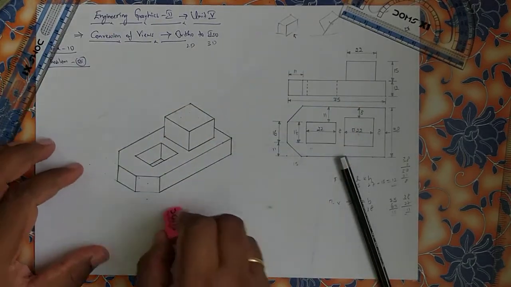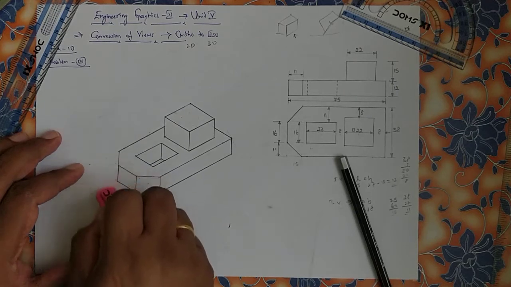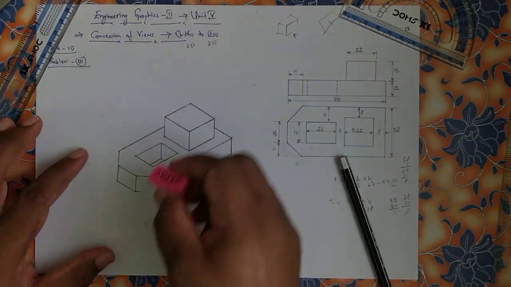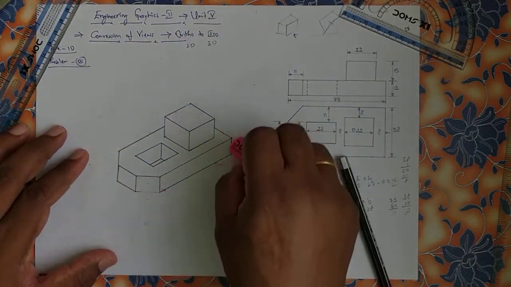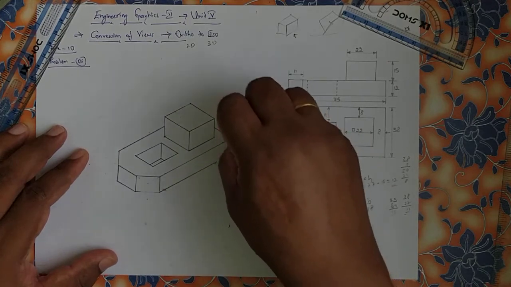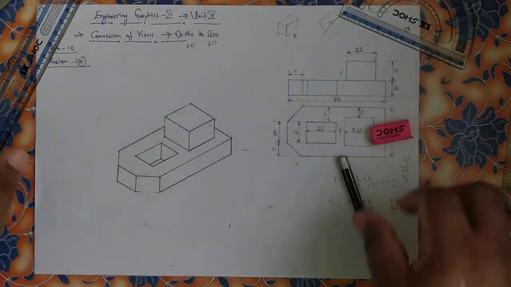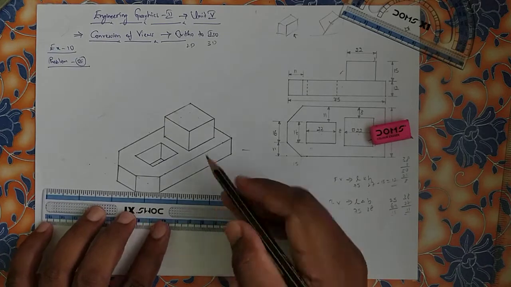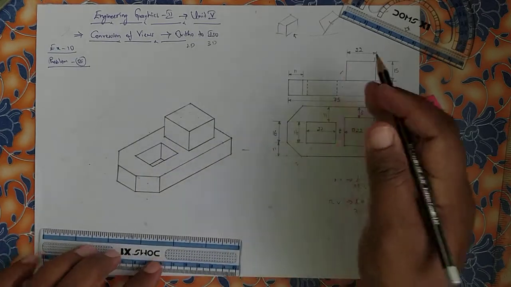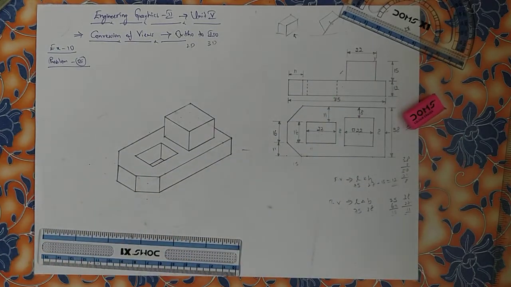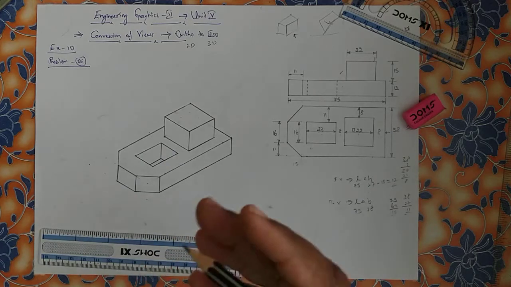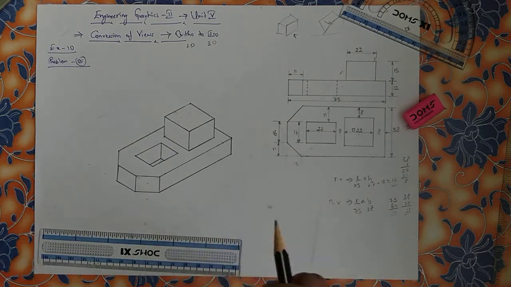As I have used many instruments here, I don't have much neatness, but when you use a drafter very fast, you can have a very neat figure. See, that is the main picture, the three-dimensional view. See, it's simple. We are constructing and showing the three-dimensional view step by step.